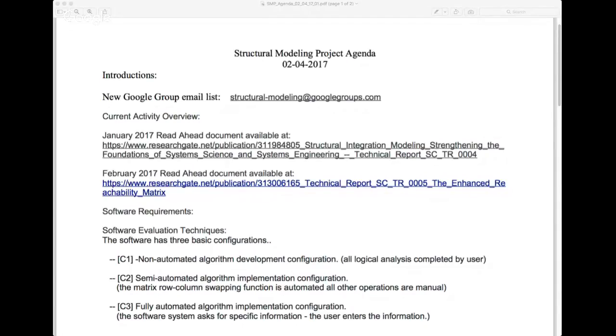So basically what we've done is we've gone through and talked just a little bit about our agenda and why we're doing what we're doing, and the 3 versions of the software. The detailed analysis that we're doing in the technical reports now has been motivated by some of the issues we ran across when we were trying to do the automated algorithm approach.